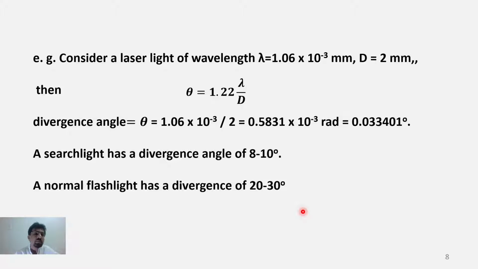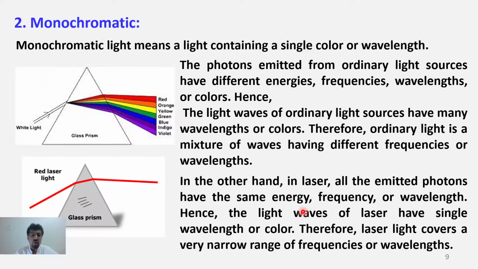Therefore, if we consider these two examples, we can say that the divergence angle in case of the laser beam is very small or negligible. So remember that the divergence angle in case of the laser beam is very small.